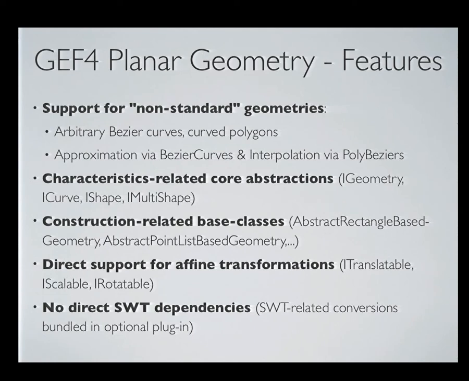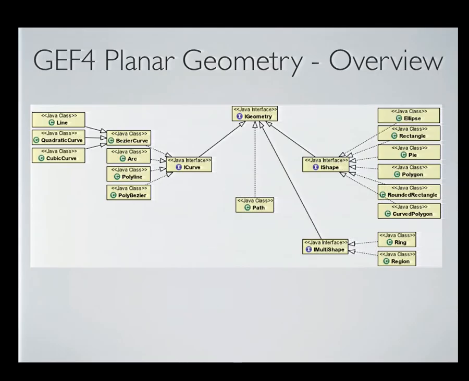So even if we construct an ellipse, or let's say an arc, which is actually a curve, this is an abstract rectangle-based geometry because we describe it by means of a rectangle. Yeah, we have built-in direct support for transformations in the 2D space via distinct interfaces. And as I already said, we don't have any hard-coded SWT dependencies left.